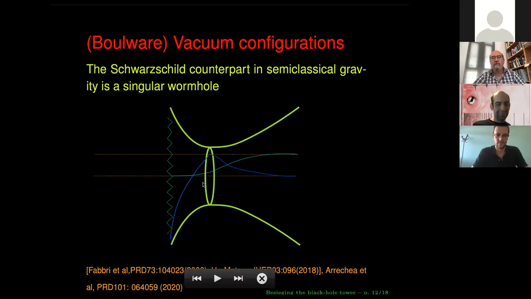But this wormhole is quite strange because it's asymmetric, and in the internal region it develops a singularity, which in this approximation is located at a finite radial position, but the radial coordinate at this position is infinite.